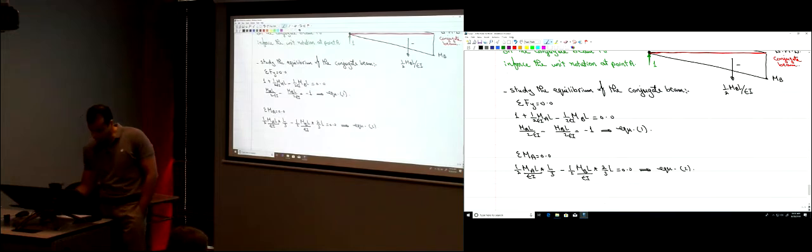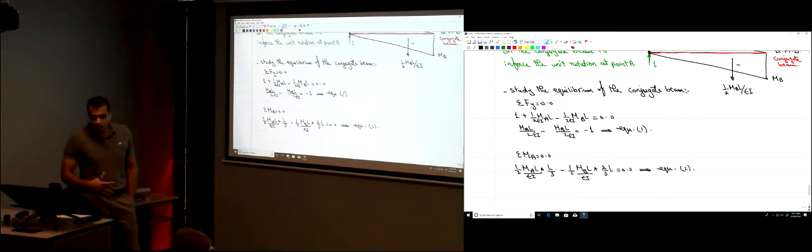This is equation 2. So now we have two equations in MA and MB.